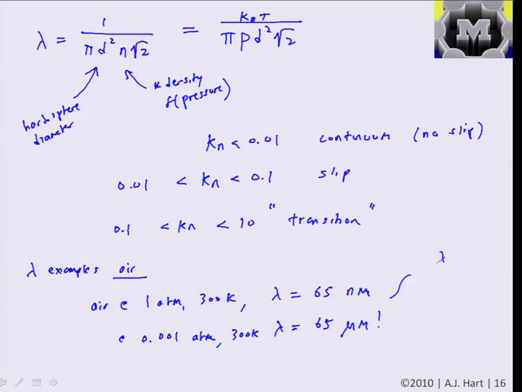So for lambda over d, to have a Knudsen number less than 0.01, we need d greater than 6,500 microns, or 6.5 millimeters. So at that slight vacuum, even a pipe that has half a centimeter in diameter is going to have these important effects. And as you can imagine, in any practical vacuum for materials processing, you're in the free molecular flow regime pretty easily because those vacuums are pretty low.